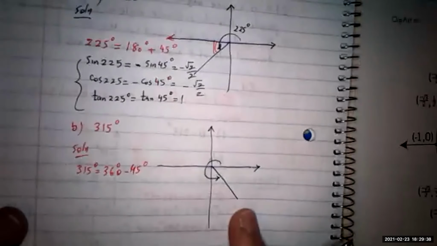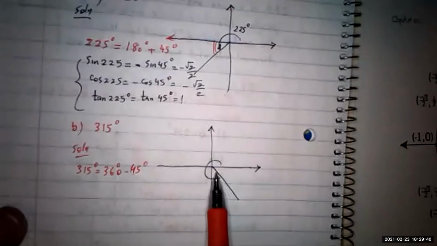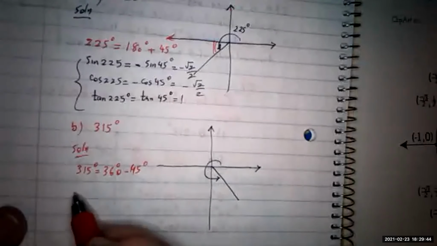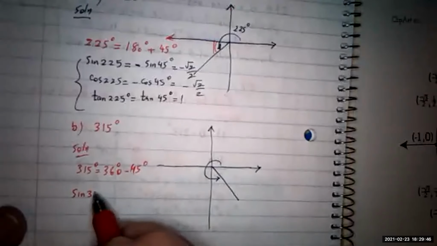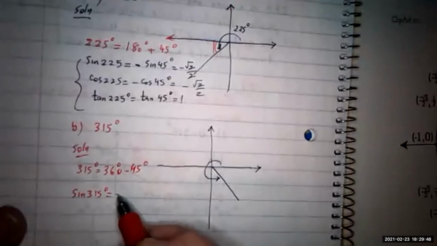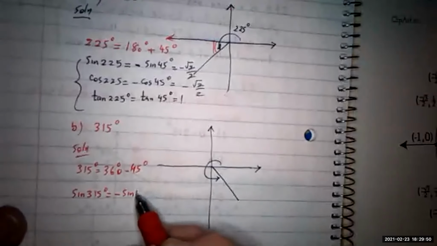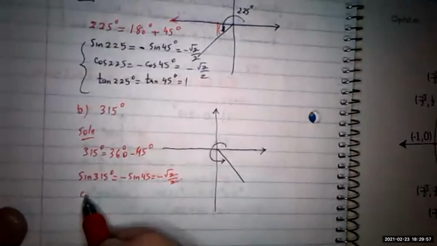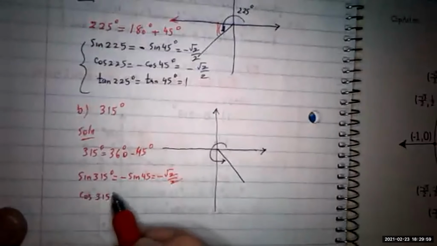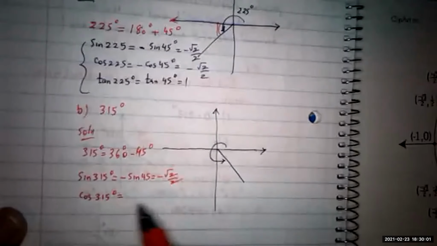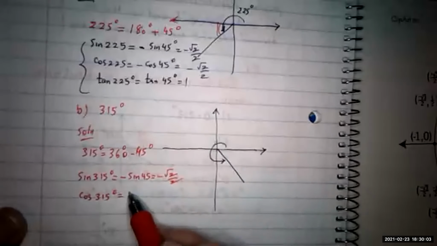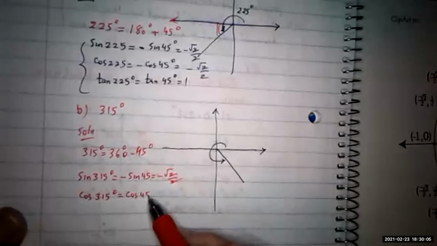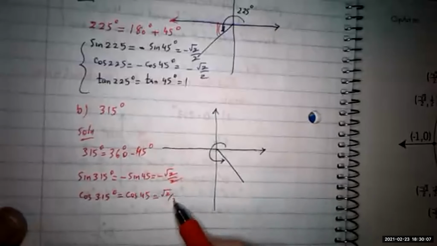Again, you are in the fourth quadrant, so the cosine is positive, the sine is negative. So when you want to check the sine of 315 degrees, it's going to be minus the sine of 45, which is negative radical 2 over 2. And the cosine of 315 degrees is going to be positive, so it's exactly the cosine of 45, which is radical 2 over 2.